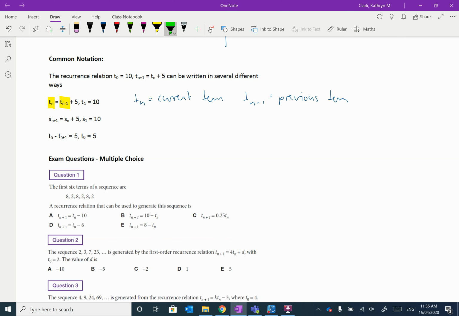In the second example, rather than using T's, we've got S's. So you don't always have to use the same letters. And in our third example, this function has been rearranged.